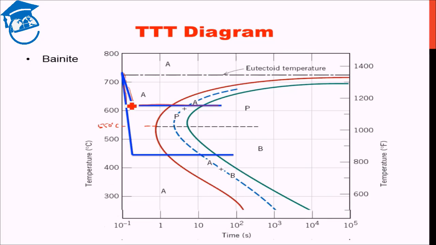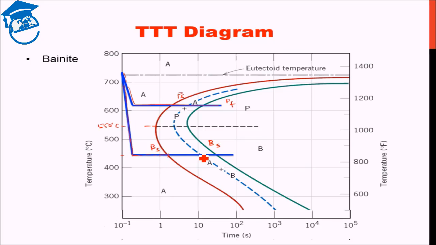So what we do is we come to a lower temperature and we cool. Similar to pearlite start and pearlite finish, we have bainite start and bainite finish. We cool it, let's say we are at 450 degrees Celsius. At around 2 seconds we start forming bainite. Till that time we had 100% austenite.